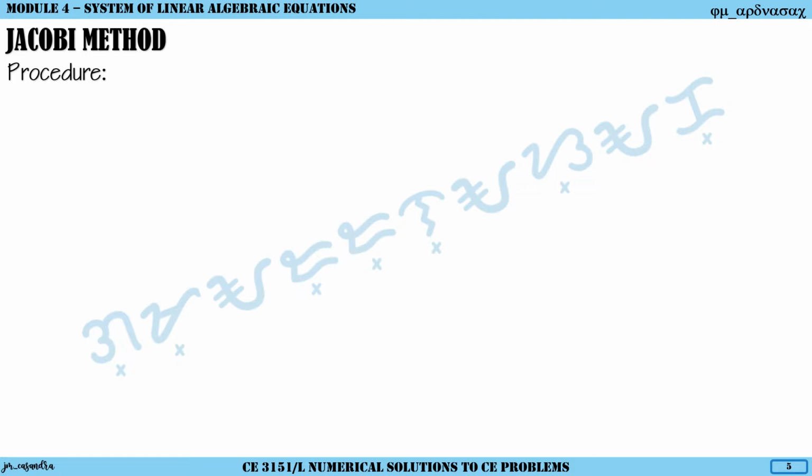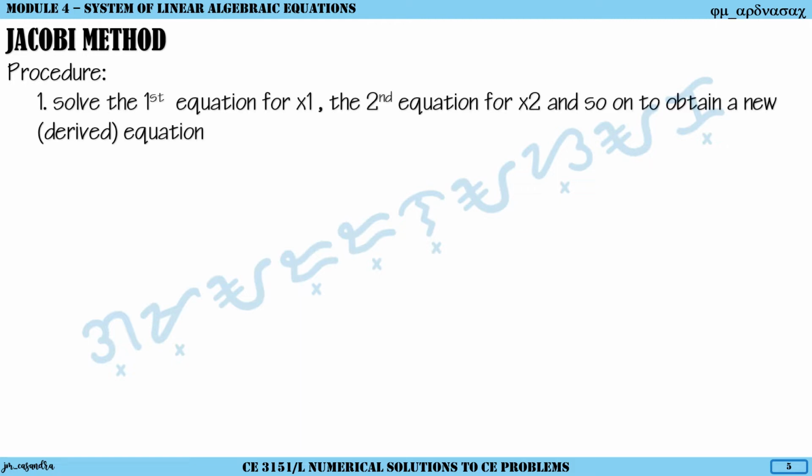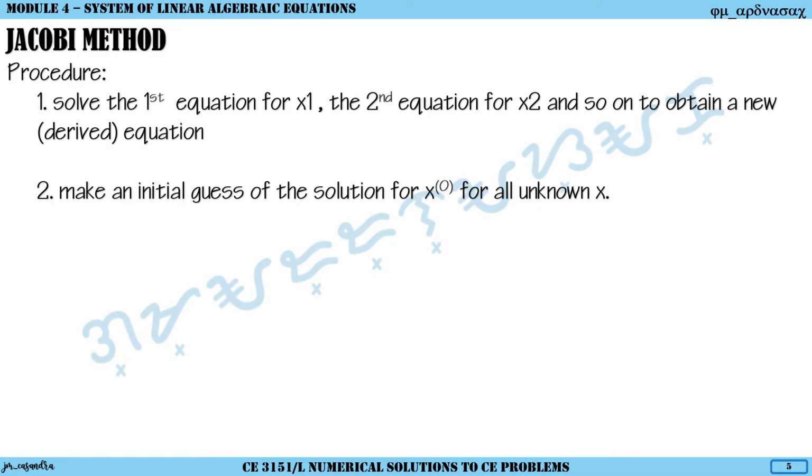For the procedure of the Jacobi method, first, solve the first equation for the value of the first unknown, the second equation for the second unknown, the third equation for the third unknown, and so on. This is to obtain a derived or rewritten equation. Next, once you have rewritten your equations, we make an initial guess x^(0) for all unknown values of x.